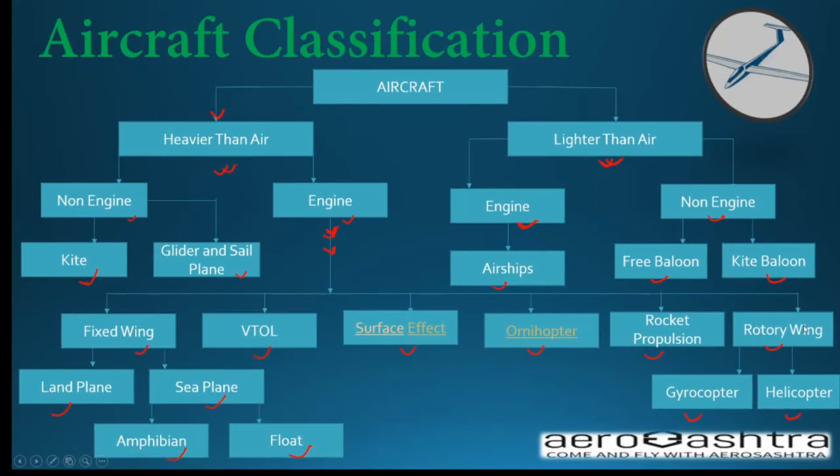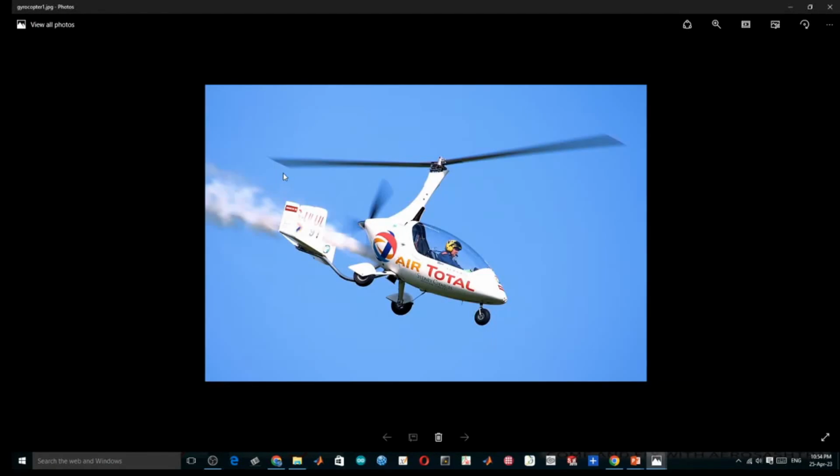Rotary wings, yes. It contains two kinds of aircraft. One is the gyrocopter. You can see this is called a gyrocopter, where this kind of aircraft has one pusher propeller, which propels the aircraft in the forward direction. And this you can see is a rotary wing.